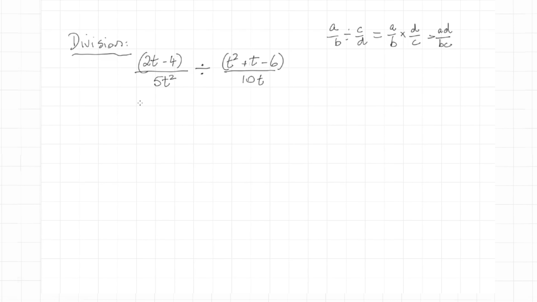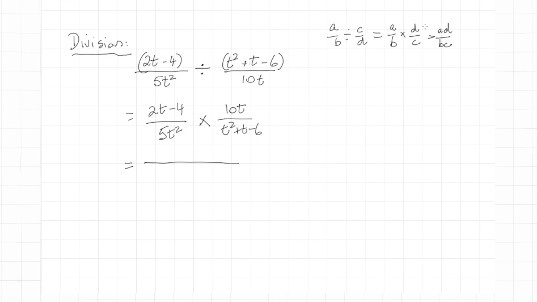Once again, we'll apply that rule. So we've got 2t minus 4, I'll just change this to a times, over 5t squared, multiply and flip this one upside down. My next step is to write it all out as a single fraction.